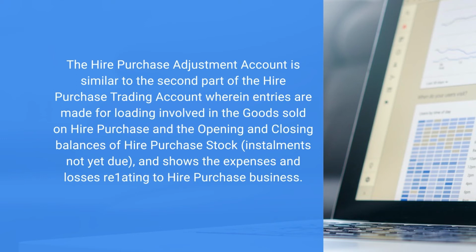for loading involved in the goods sold on hire purchase and the opening and closing balances of the hire purchase stock. This hire purchase stock is also known as installment not yet due and shows the expenses and losses relating to the hire purchase business.